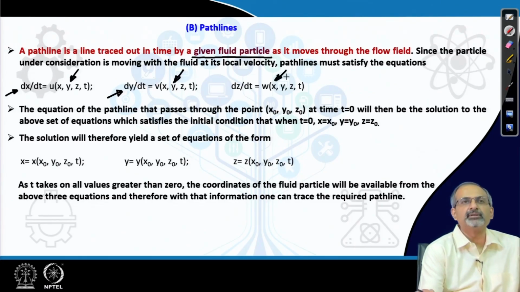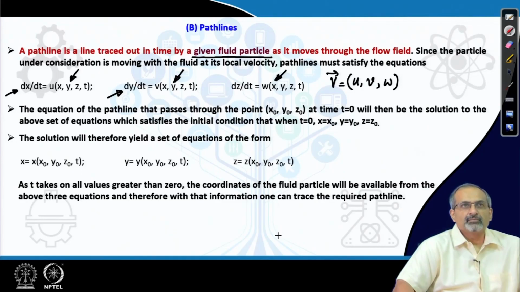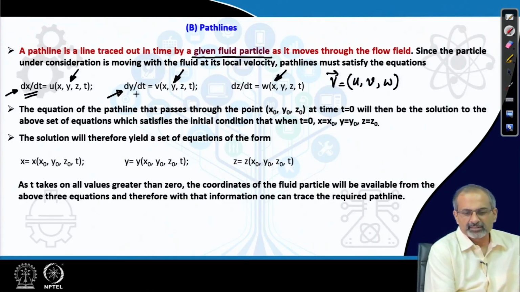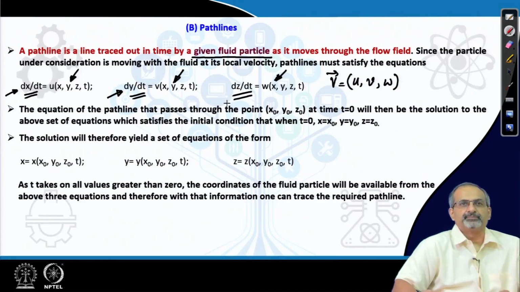Similarly, dz/dt should be equal to the local w component of velocity, where u, v, w together define the velocity field from point to point, and these are essentially the time rate of change of the position vector.